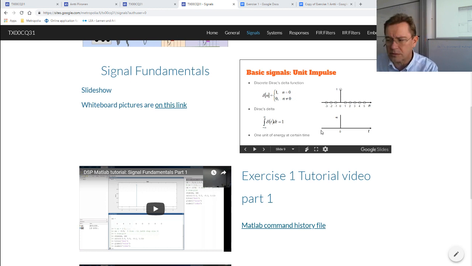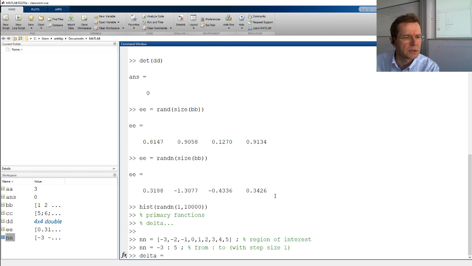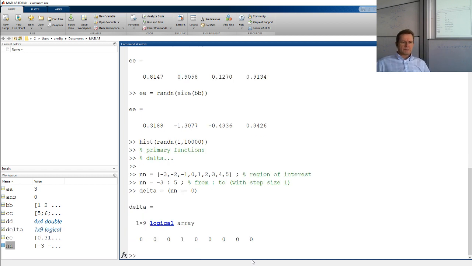Okay, how about if we do it like this? n, parentheses, n, and then test if this one is 0. This will give me a true value on the index where n goes to 0. Okay, yeah. But now it's a logical array.